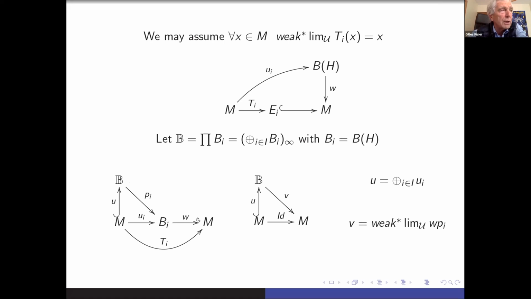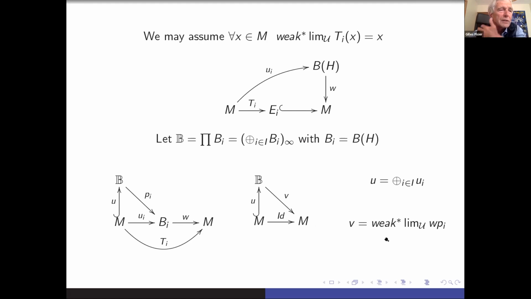And W is, again, our quotient map from B of H to M. So W Ui is Ti, so this whole diagram does commute. And so we obtain a map V. We can define a map V from boldface B to M by just taking the weak star limit.